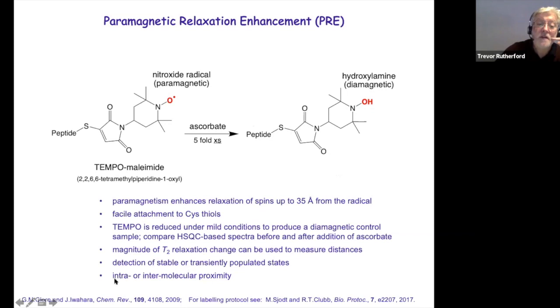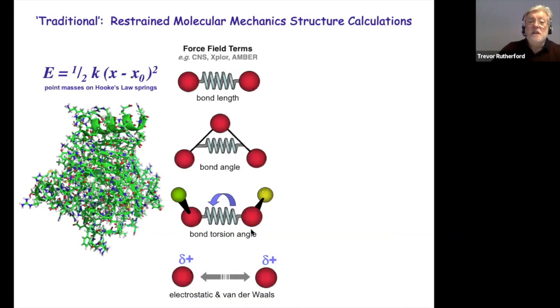This can be used either intramolecularly or intermolecularly, and it can be used to look at detecting stable or transiently populated states. So we've got a whole load of NMR data that can be used as information giving on the three-dimensional state of a protein.